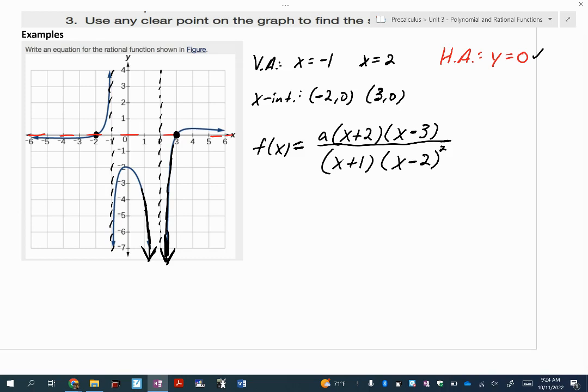All right, so now I'm going to use the fact that my y-intercept is (0, -2). I'm going to make f of x equal to -2 and plug in 0 for x to help me solve for a.